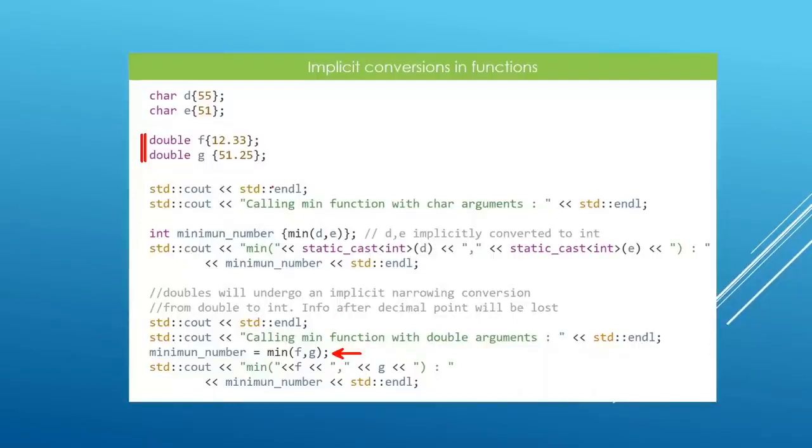But the compiler knows that it can insert a transformation from double to integer, and it is going to do that without your involvement. So be really careful about implicit conversions and make sure they are working to your advantage. Otherwise, you're going to have really hard to debug problems in your C++ programs.